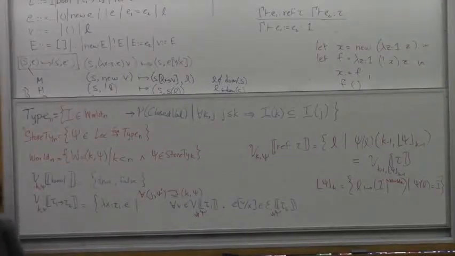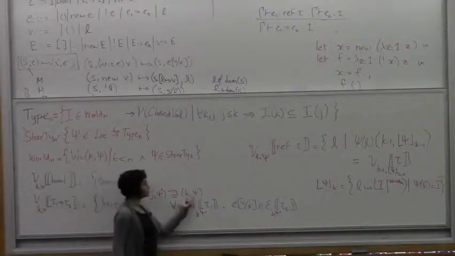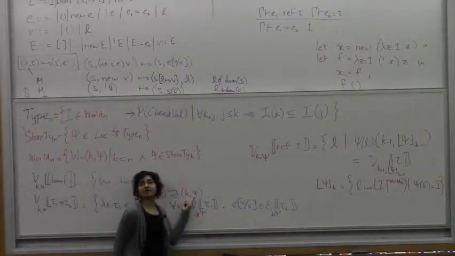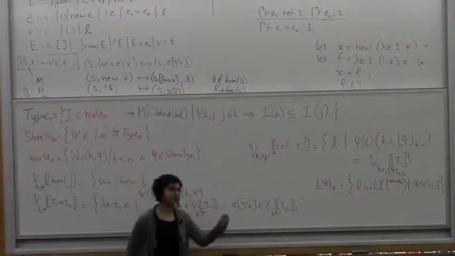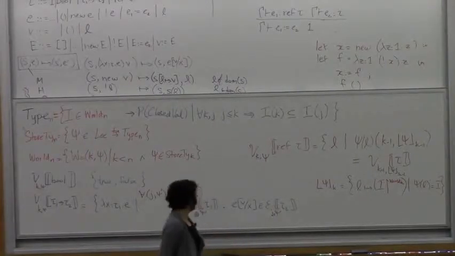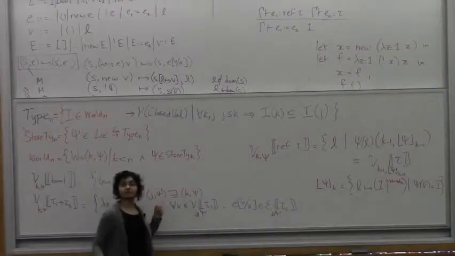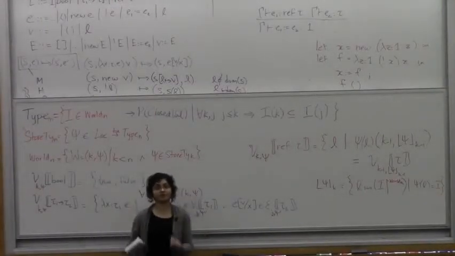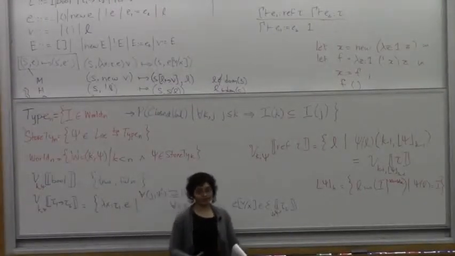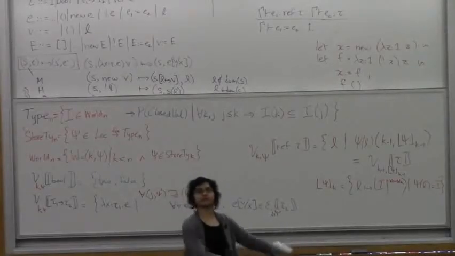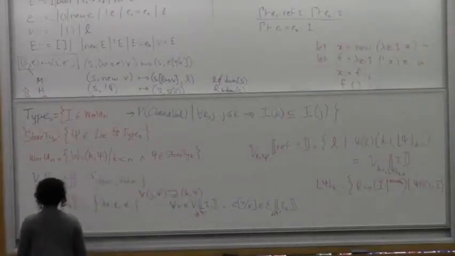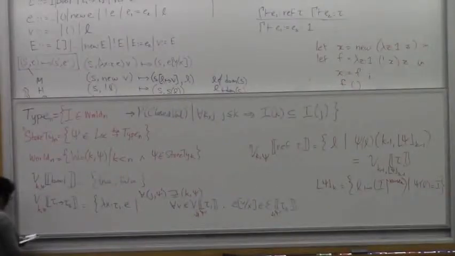Okay, but we also need to make sure that all of the locations that were in this psi, if this psi said that location L1 has to have type tau1, then this psi better say the same thing, because we want type preserving updates. We want to make sure that locations will always have those types in the future. So those are basically the things that we need.